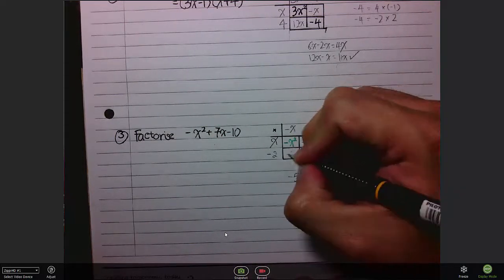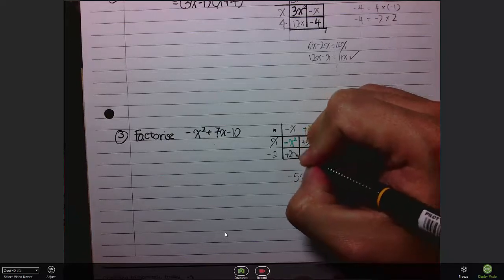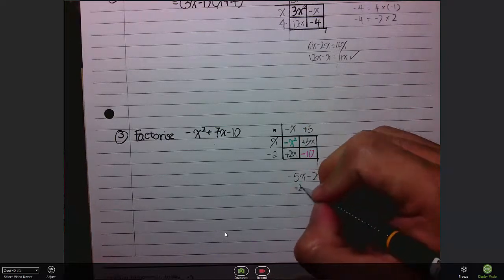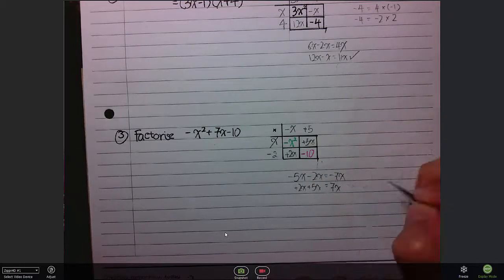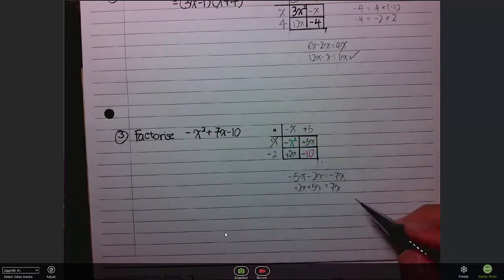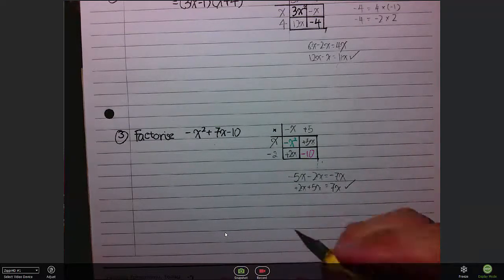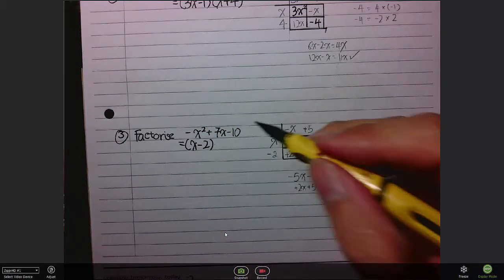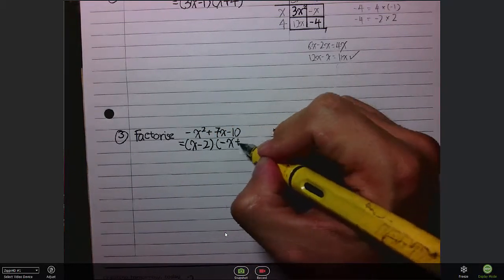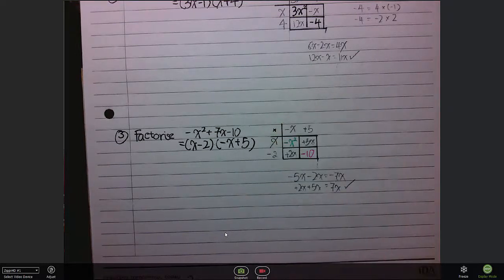Negative x times negative 2 gives me positive 2x. 2x plus 5x gives me 7x. The factorization is complete. I tick that and write down the factorized form for number 3: x minus 2 and negative x plus 5.